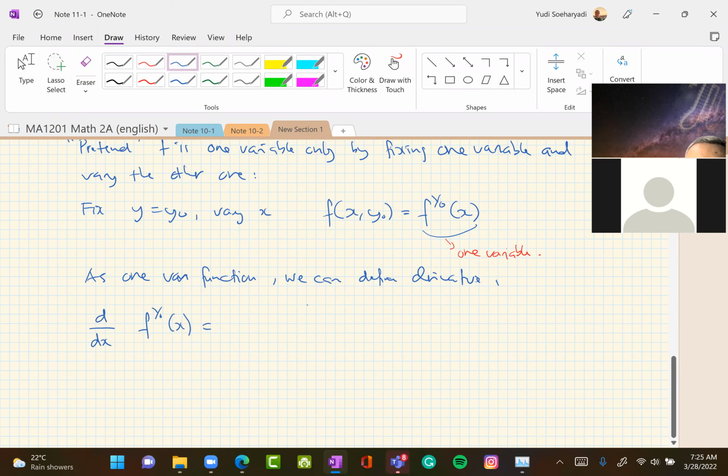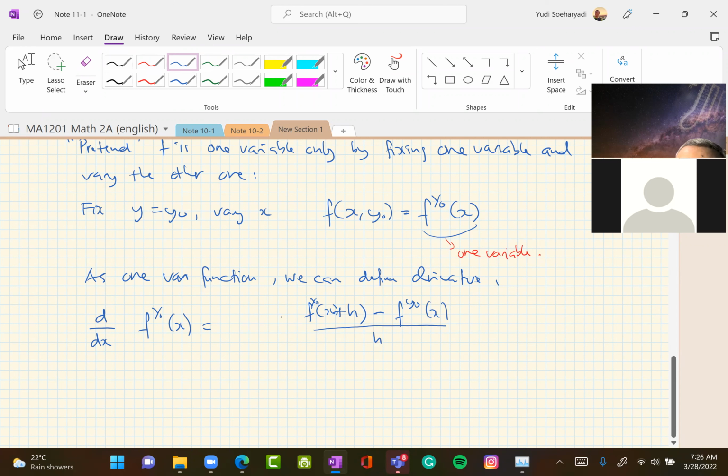This is the limit of this difference, f of x plus h, y0, minus f of x, y0, over h.